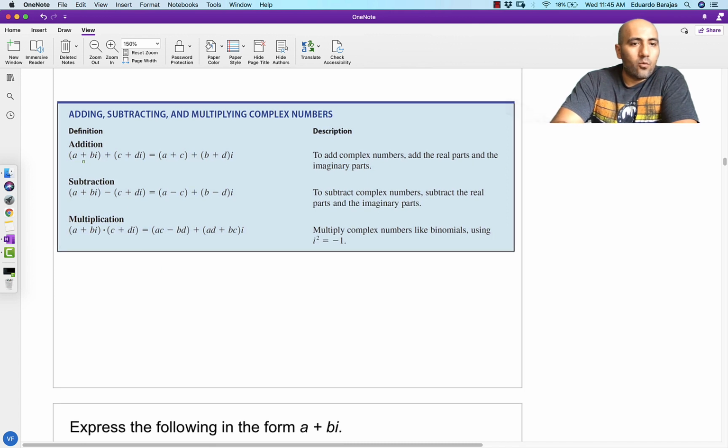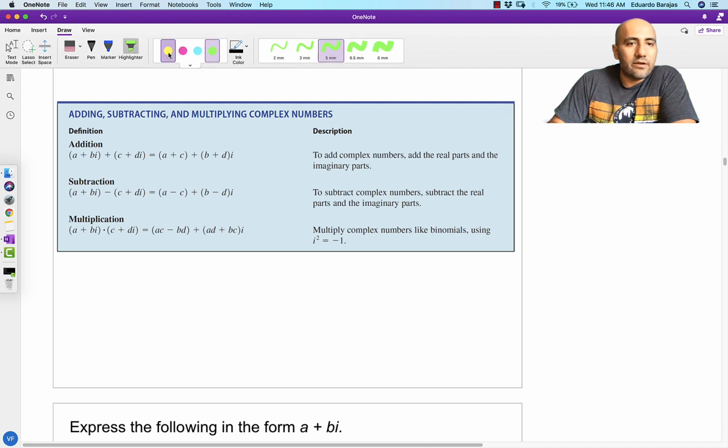So if we have one complex number plus another complex number, this is how we add them. We add the two real parts, combine like terms, and then bring together the two imaginary parts, factor out the i, and we end up with this. So here is the new solution, and again, notice that the final answer is a complex number, where this is going to be the real part of my complex number, and this is going to be the imaginary part.